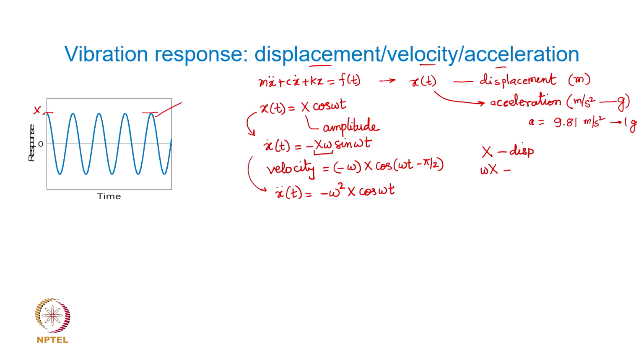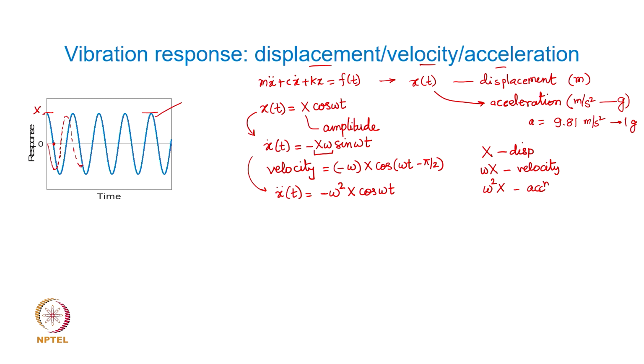Okay. So, which actually means that omega square times x is going to be the acceleration amplitude. I am dropping the negative sign for the simple reason that the velocity is going to vary like this. So, when the displacement is 0, velocity has a negative maximum value and it is going to be like this.